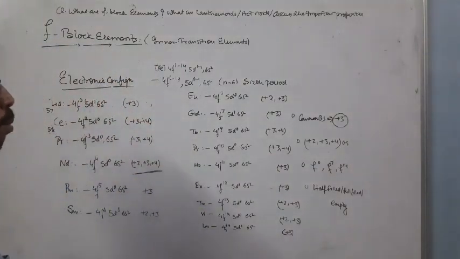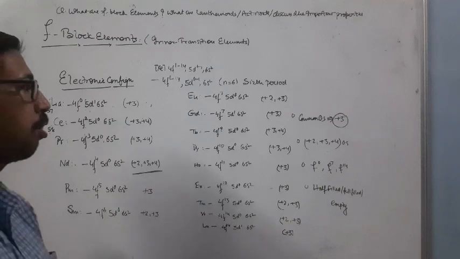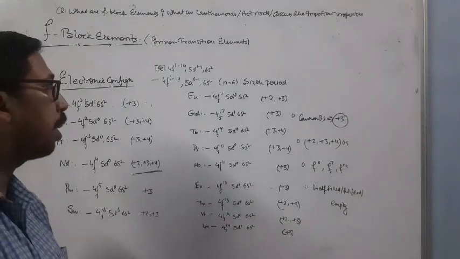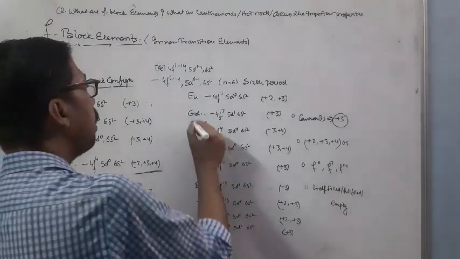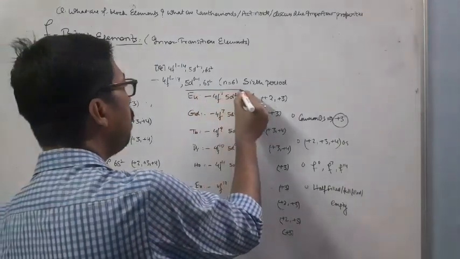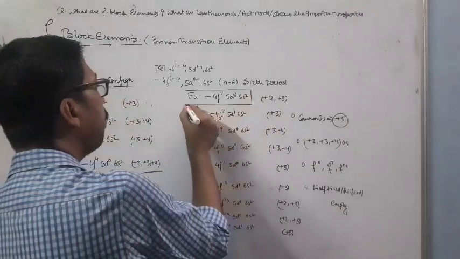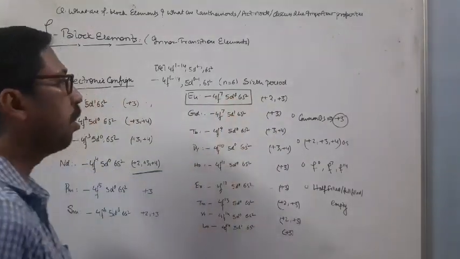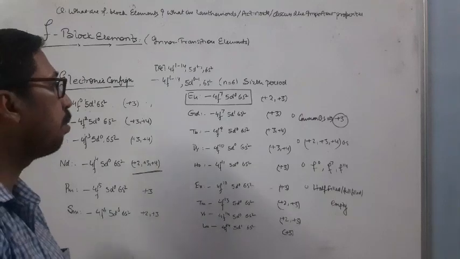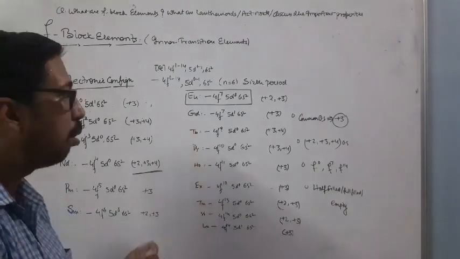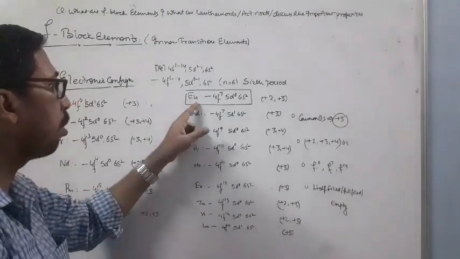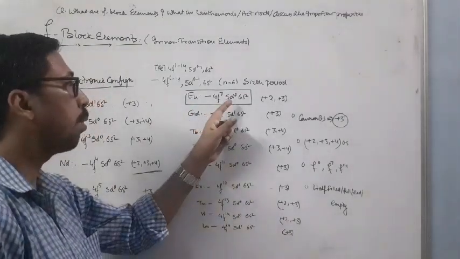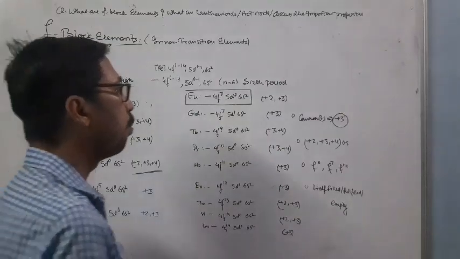So, if we want to see the stability of an oxidation state by taking a particular example, that is Eu, you can see the general valence electronic configuration used to write the electronic configuration of Eu, or europium, that is 4f7 5d0 6s2.